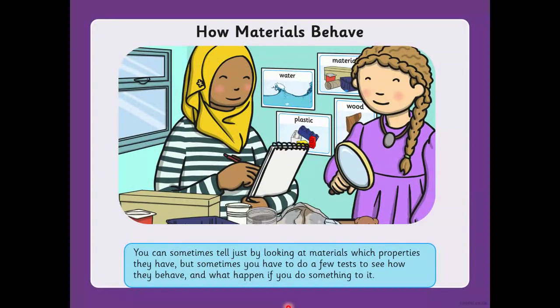Now, sometimes you can tell just by looking at materials what properties they have. But sometimes you have to do a few tests to see how that material behaves and what will happen if you do something to it. So if I go outside and I look at a log, just by looking at that log, I might be able to tell if it's a smooth log or if it's a rough log.